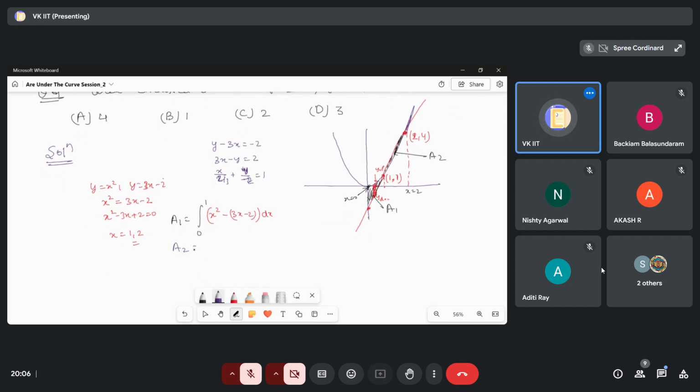Second one is A2. Again, as you can see, this is the parabola and this is the line. If you consider a vertical strip like this, it will be from 1 to 2.